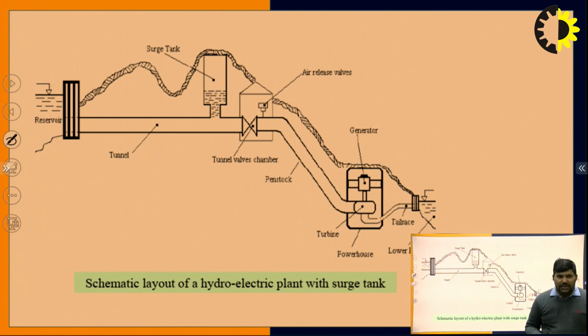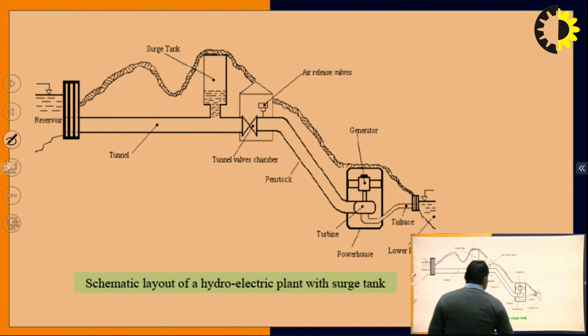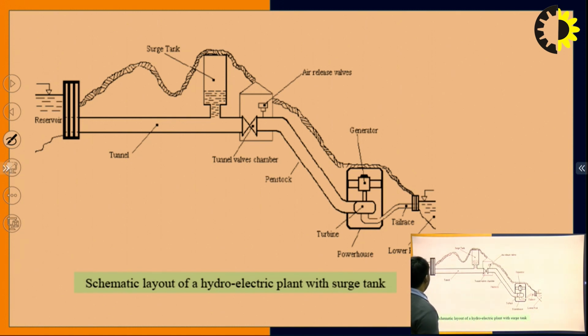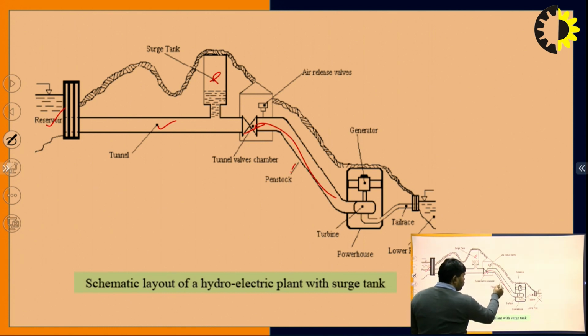You can see here the schematic diagram of the hydraulic power plant with the surge tank, and here is the reservoir. Then there is the surge tank, the tunnel, and the tunnel valves and chamber, and the water comes through the penstock.